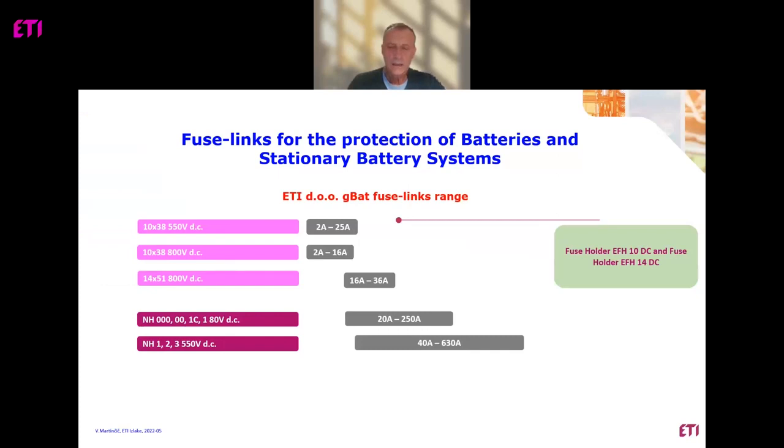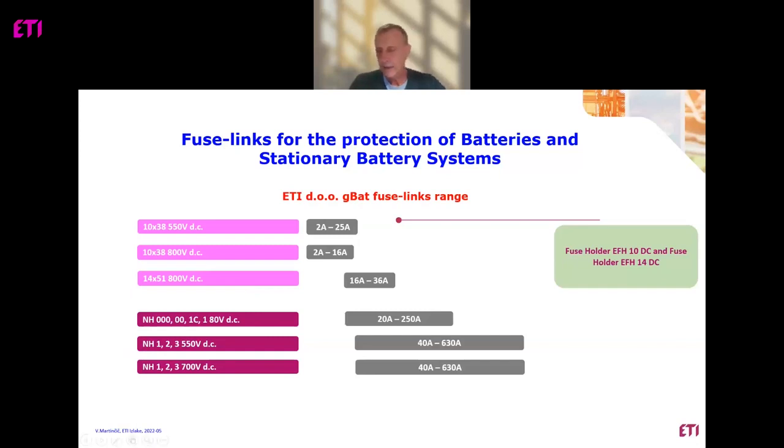Then, regarding requests from the market, we changed the voltage to 550 DC in sizes 1 to 3, up to 630 amps. Later on, again, a request from the market, higher voltage, 700 volt DC, up to 630 amps, again in sizes 1, 2, and 3.